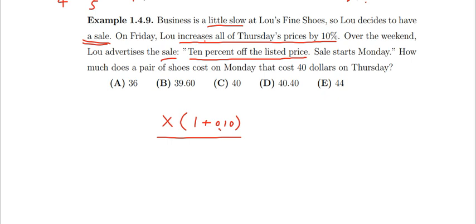Let's say Thursday is x, Friday they change the price to this. Then they want 10% off. So 10% off is this, 1 minus, it just goes down. So starting from Monday, the price is like this.